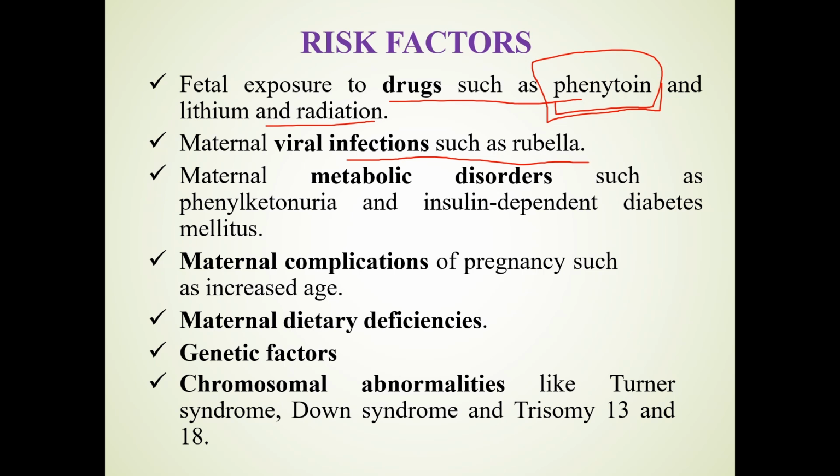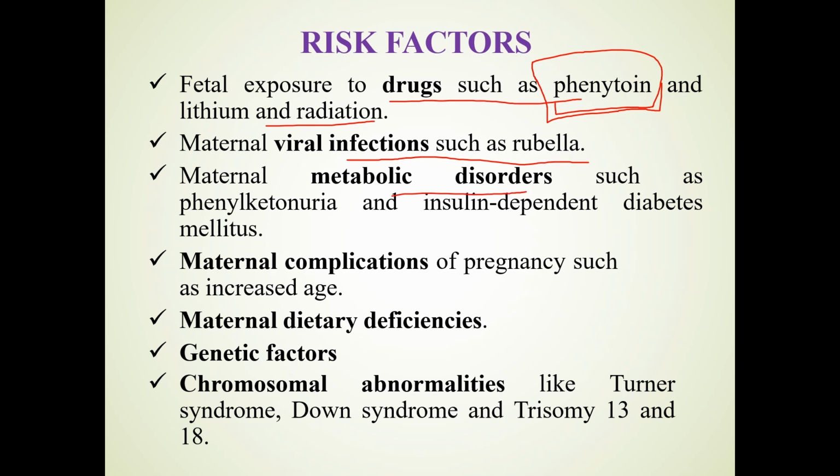If any type of this infection is present, it will also inhibit DNA synthesis and it will lead to cell death, which is also called apoptosis. And if cell death occurs, there will be defects in the heart structure like septal or valvular defects. Then next is maternal metabolic disorder such as phenylketonuria.